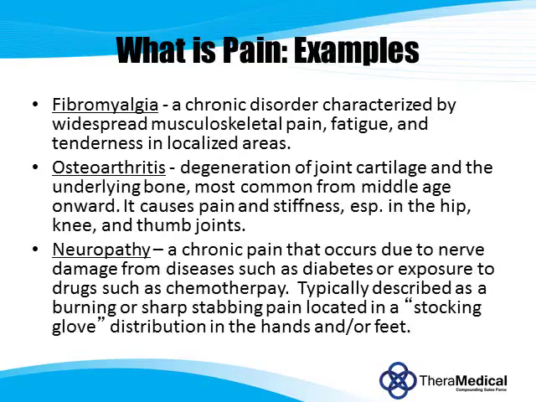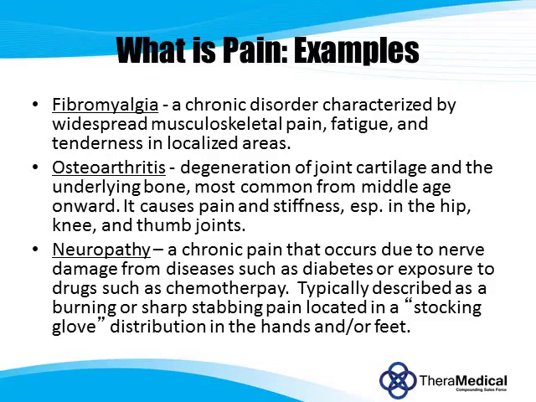Other examples of pain of the more chronic variety include fibromyalgia, a chronic disorder characterized by widespread musculoskeletal pain, as well as fatigue and tenderness in classical locations of the shoulder and pelvic regions.